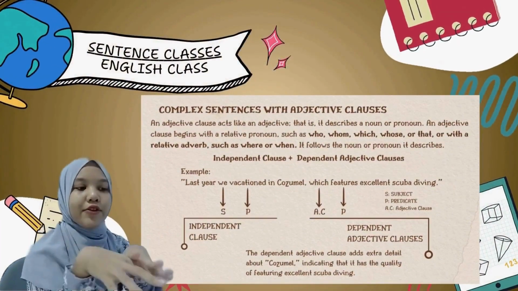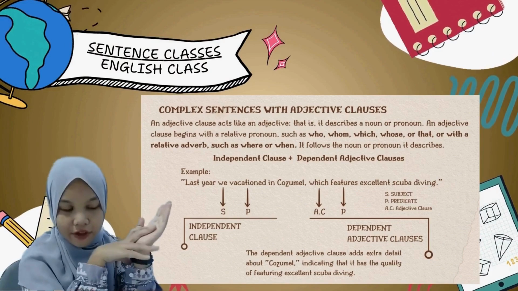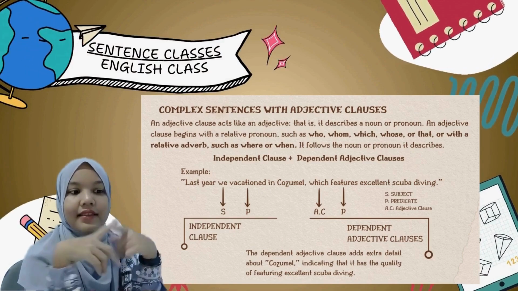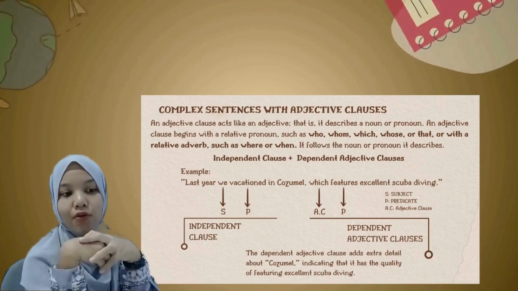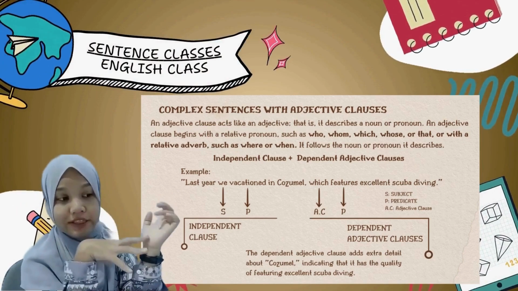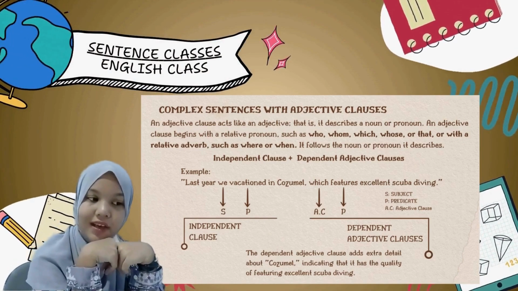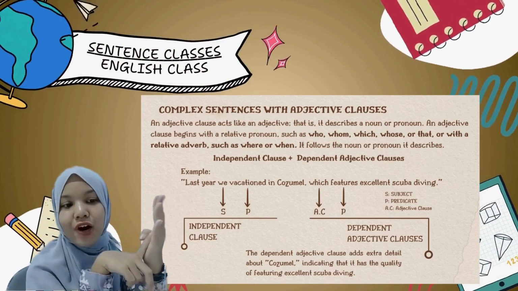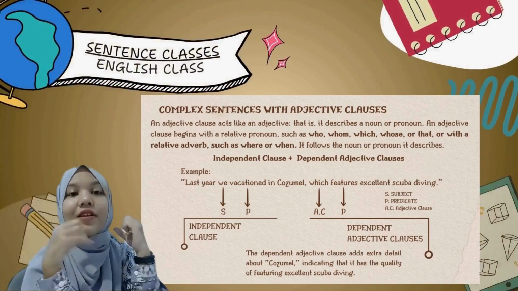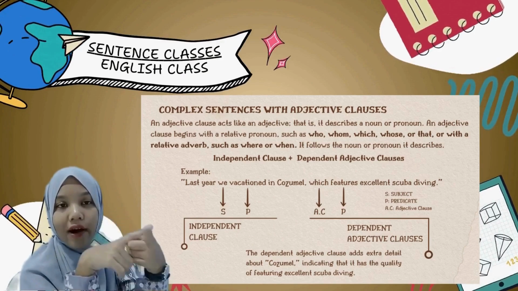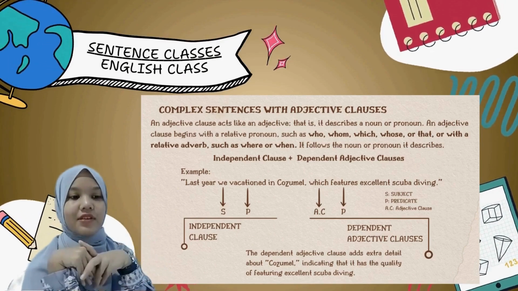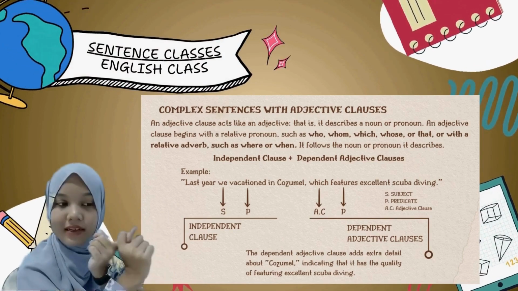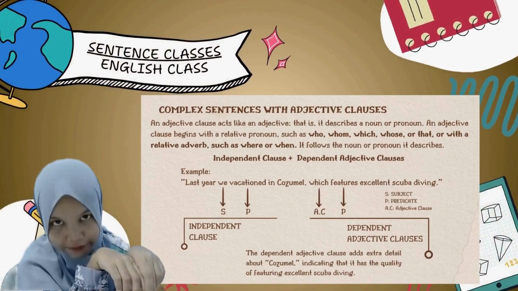Next, I will tell you about complex sentences with adjective clauses. An adjective clause acts like an adjective. That is, it describes a noun or pronoun. An adjective clause begins with a relative pronoun such as who, whom, which, whose, or that, or with a relative adverb such as where or when. It follows the noun or pronoun it describes. The structure is independent clause plus dependent adjective clause.